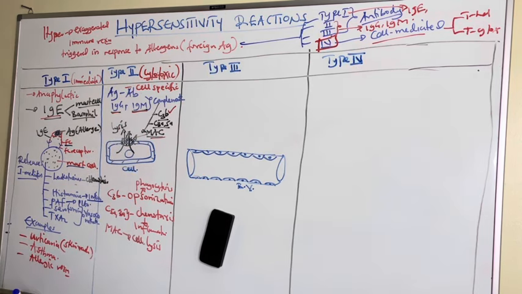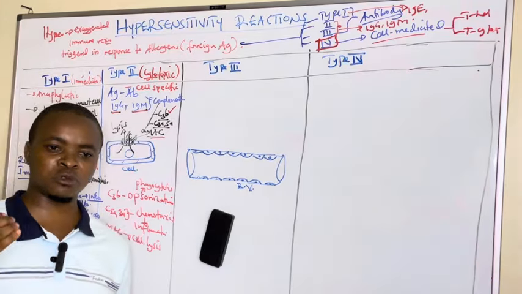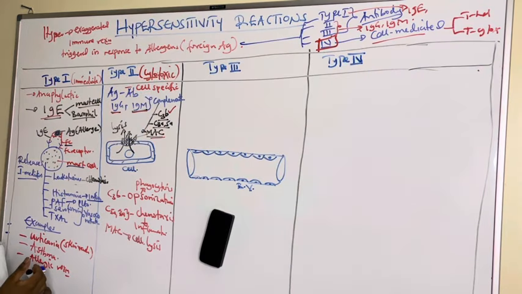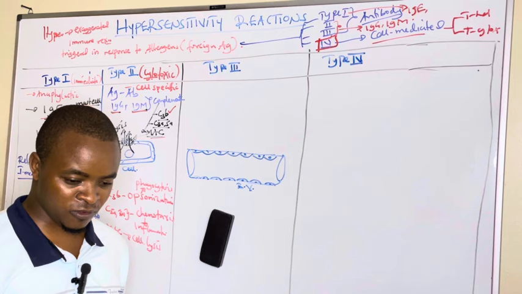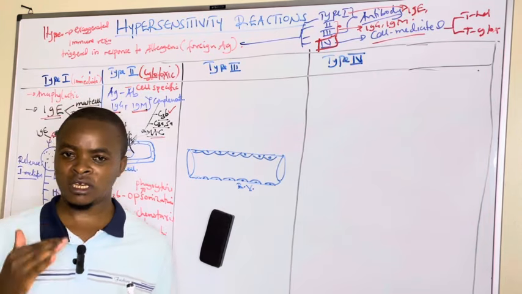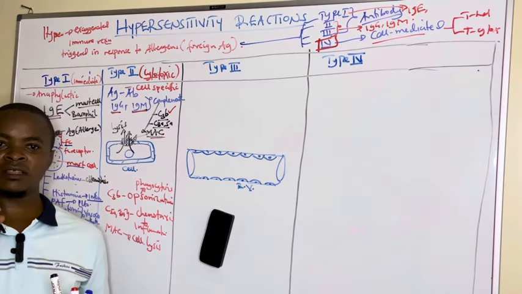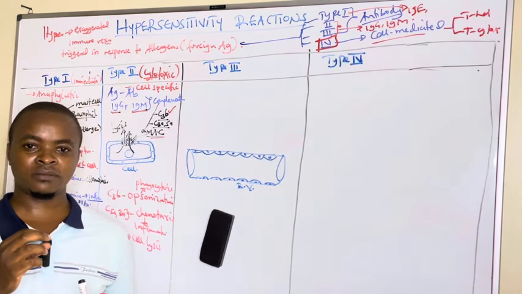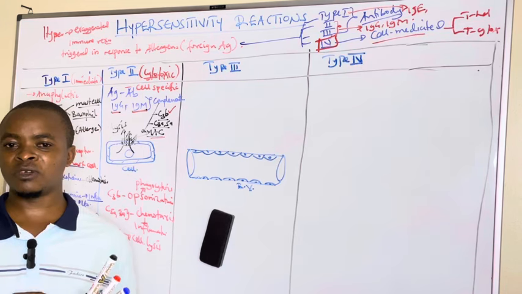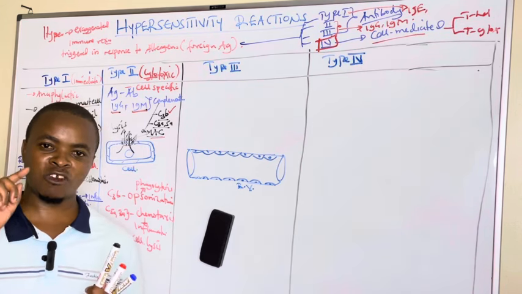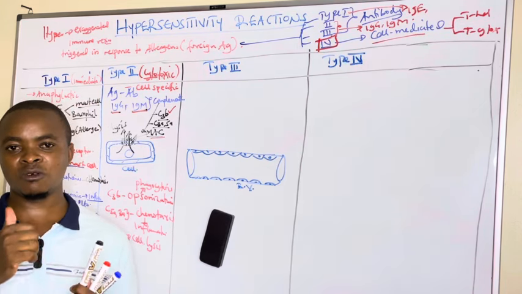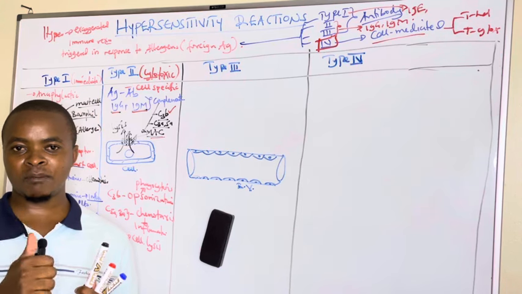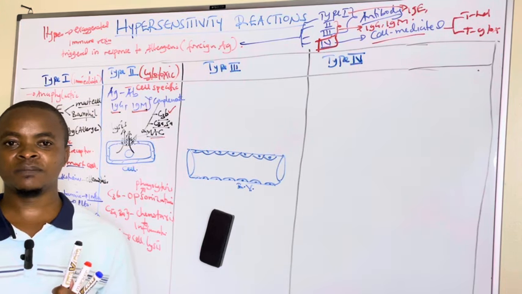So this is type 2 hypersensitivity reaction, whereby the major thing we see is that it involves IgG and IgM fixing the complement system, leading to production of complement 3B, which plays a big role in opsonization, whereby it enhances phagocytosis.